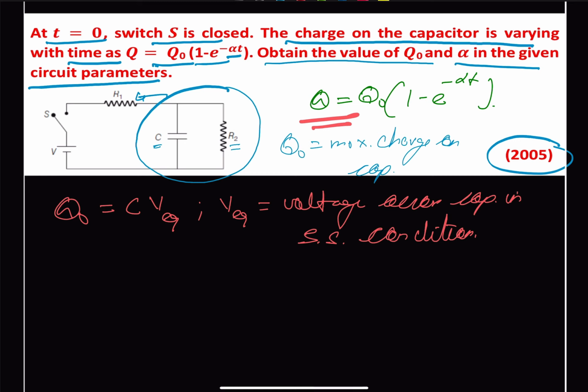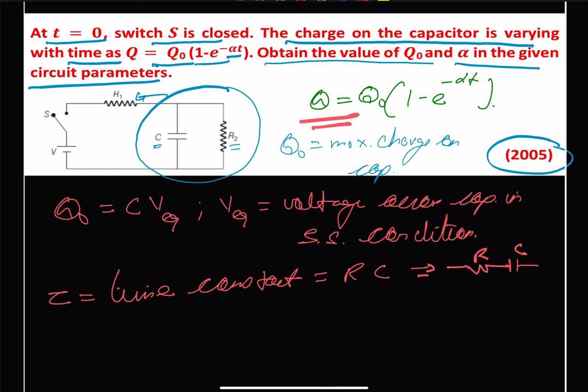We can say tau is our time constant, and in general this formula is R multiplied by C, and this equation is only for one value of R and one value of C. But in the given question we have two values of R, R1 and R2.